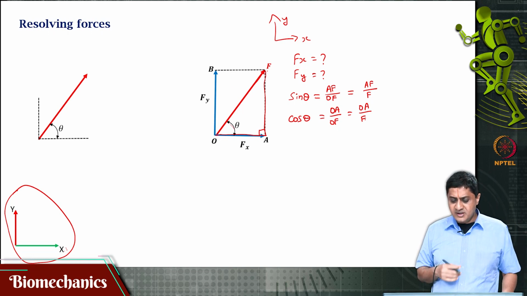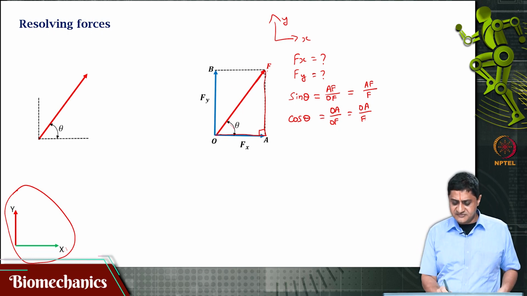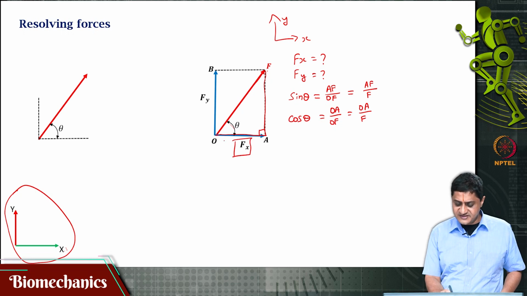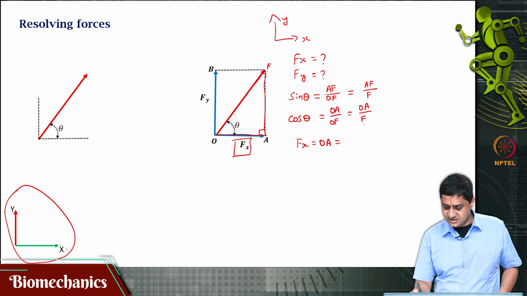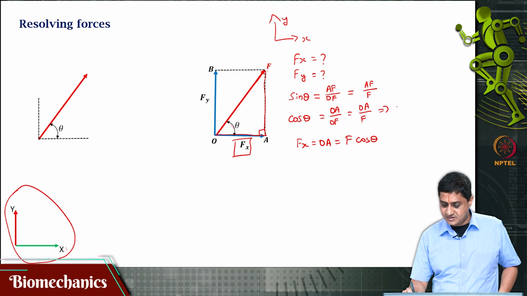Now, what is the question? The question is find Fx and Fy, is it not? Fx is OA, is it not? Fx is OA, and that is actually F cos theta, is it not? Because cos theta is OA by F, that means that OA is F cos theta.